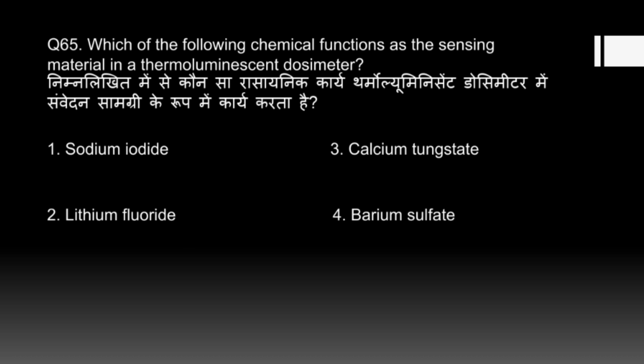Option 1 is sodium iodide, option 2 is lithium fluoride, option 3 is calcium tungstate, option 4 is barium sulfate. So the right answer is basically option number 3, which is calcium tungstate. Calcium tungstate acts as a sensing material in TLD.